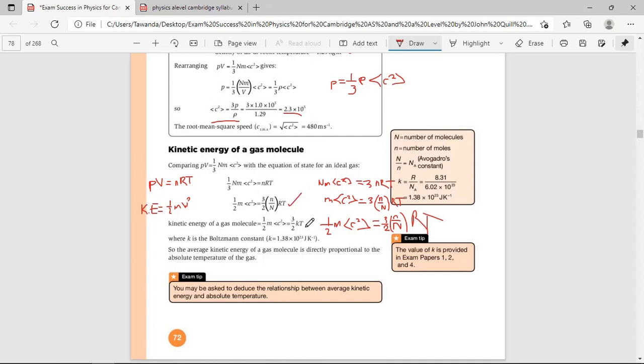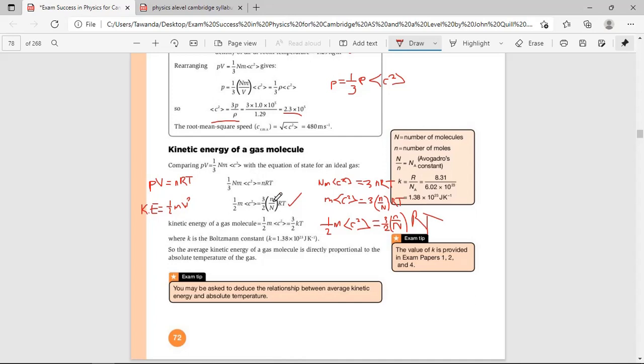This can also be reduced to 3/2 kT, where our k is nR over N. That is the one we refer to as the Boltzmann constant.